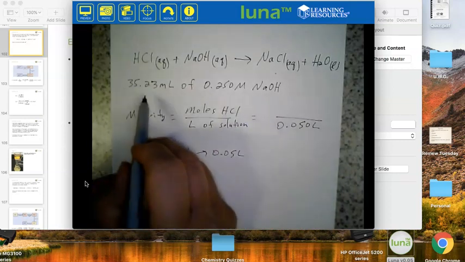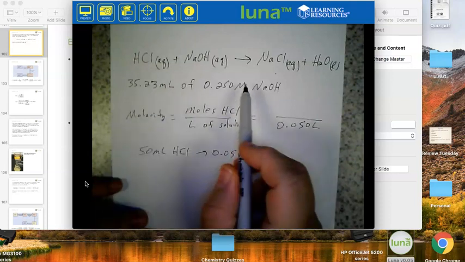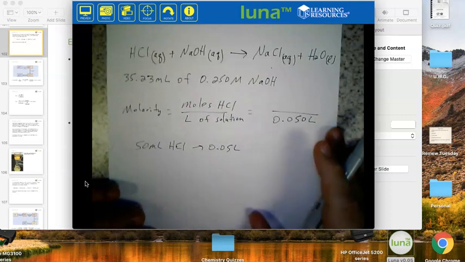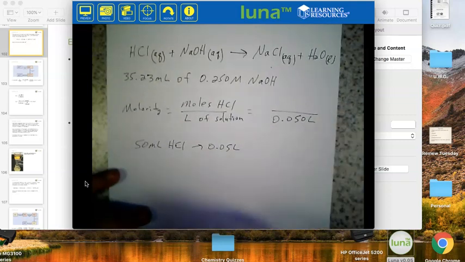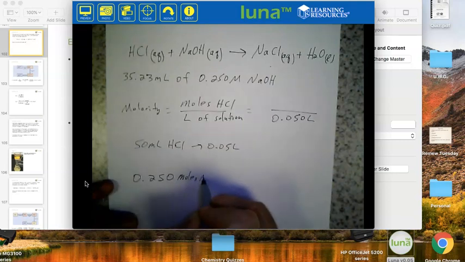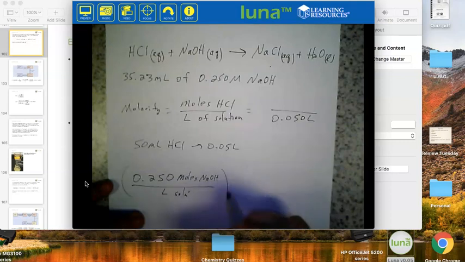we're going to have to start out with the volume of sodium hydroxide used. Okay, so we have molarity and we have volume, so we can find the moles of sodium hydroxide used that way. Alright, so I'm starting out with 0.250 moles of sodium hydroxide per liter of solution. Right? That's molarity of sodium hydroxide.